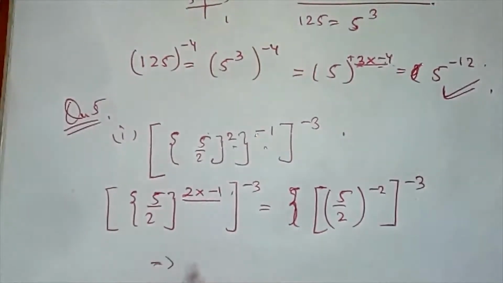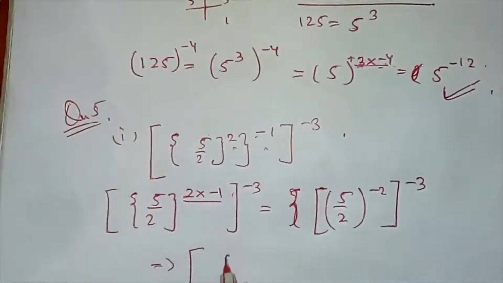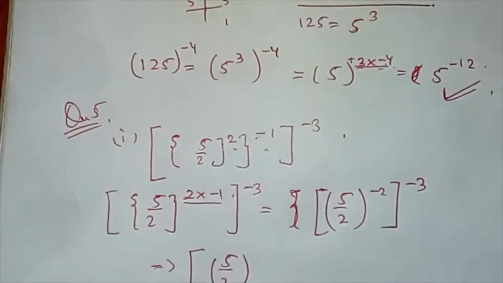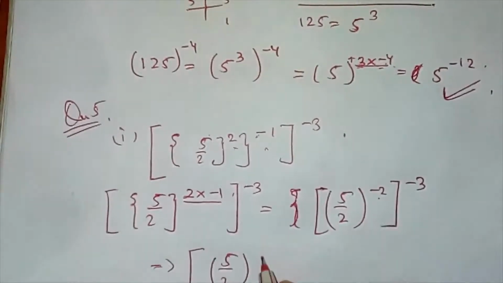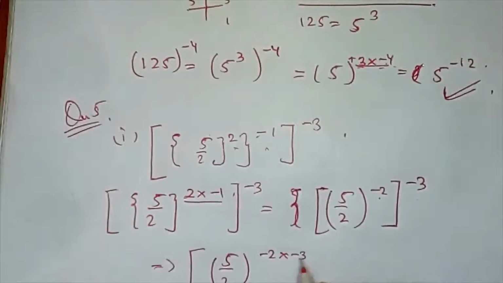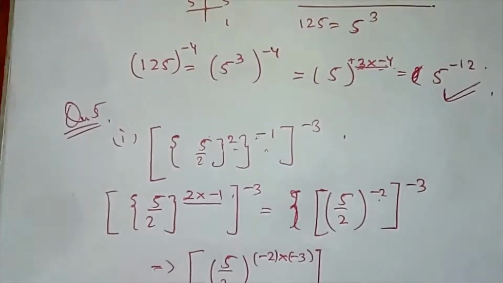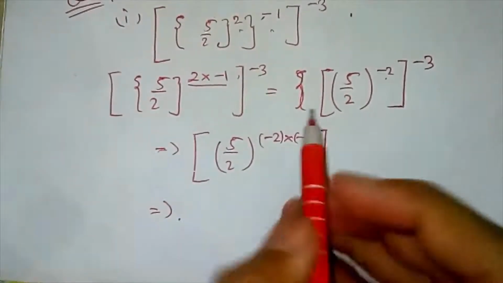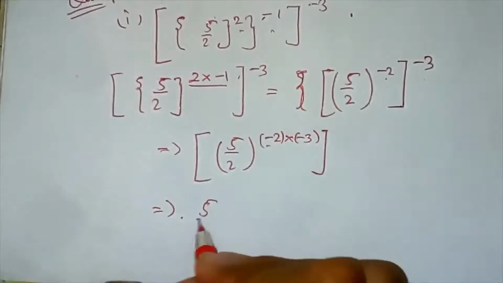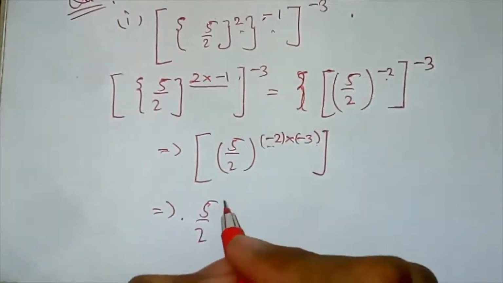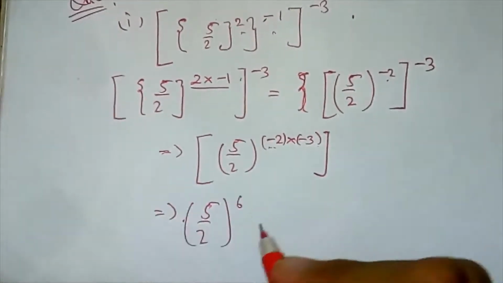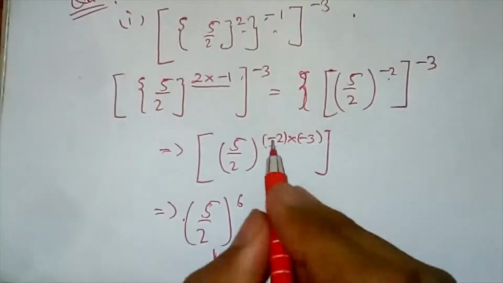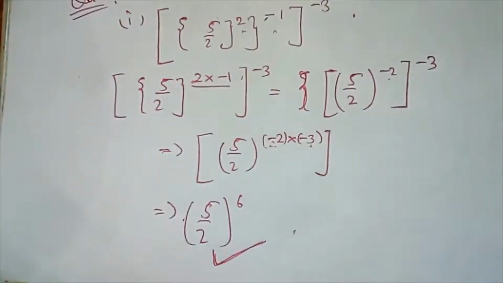Now further, writing it as 2 minus 2 into minus 3, after multiplying these powers we will get minus 3 into 2 is 6. Done. Minus into minus is plus, so the multiplication gives a positive.